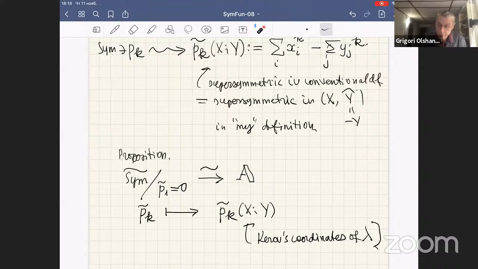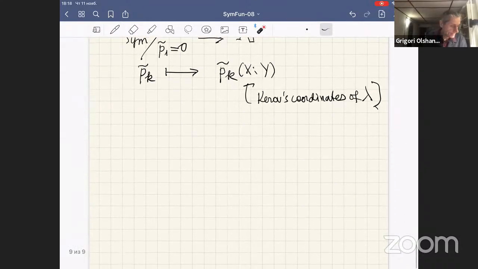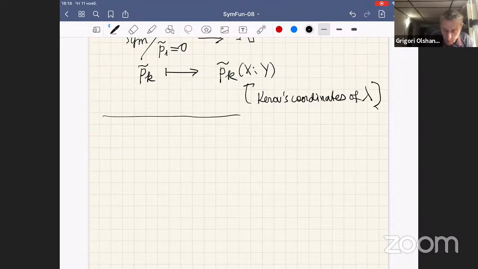And how to prove this? The result is as follows. I don't have much time, so I would like to give the idea of the proof.